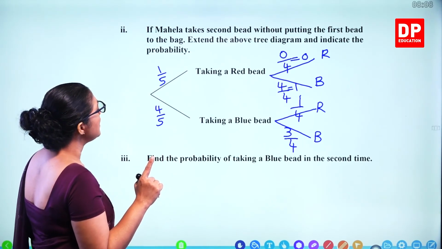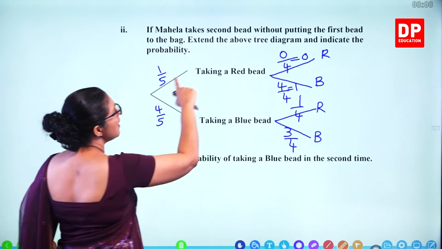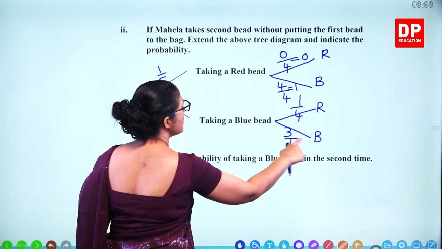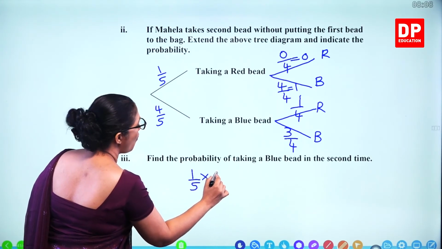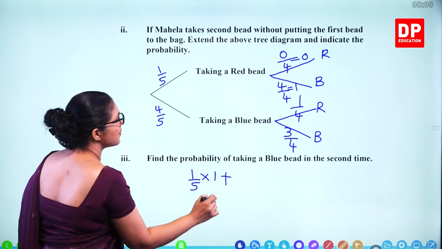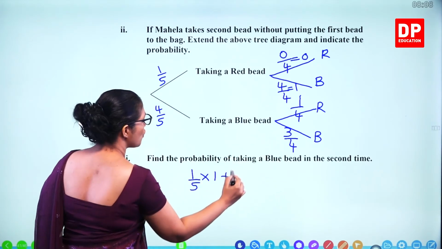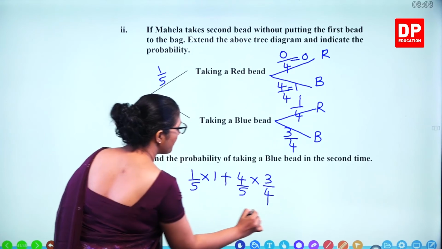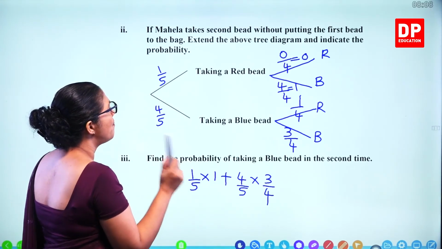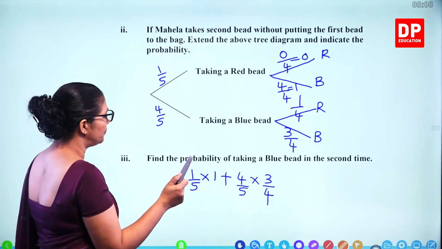Find the probability of taking a blue bead in the second time. So what are the possibilities? It can be this branch or this branch. So 1/5 into 1 plus, what about this branch? 4/5 into 3/4. So red, blue or blue, blue.